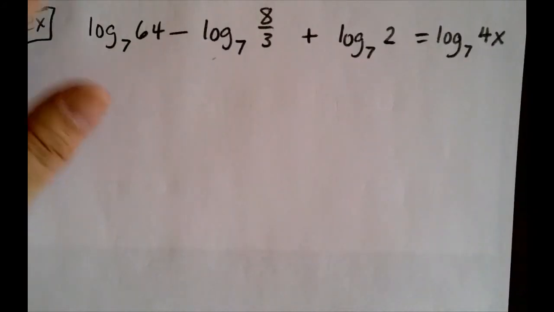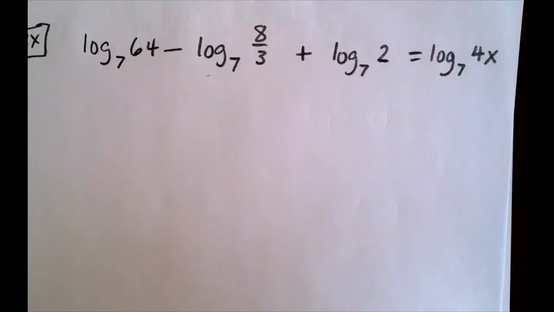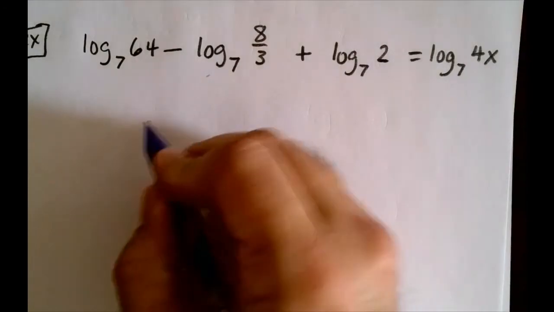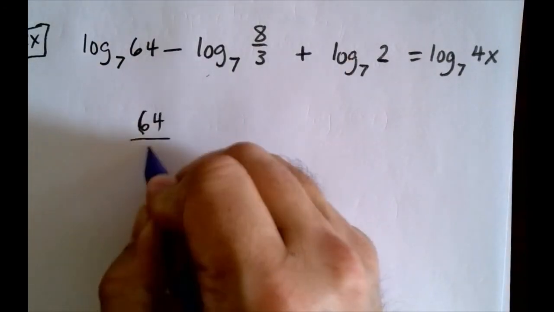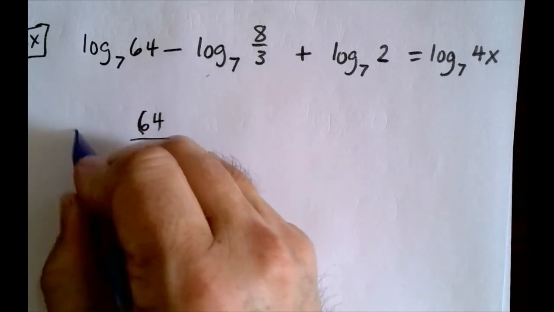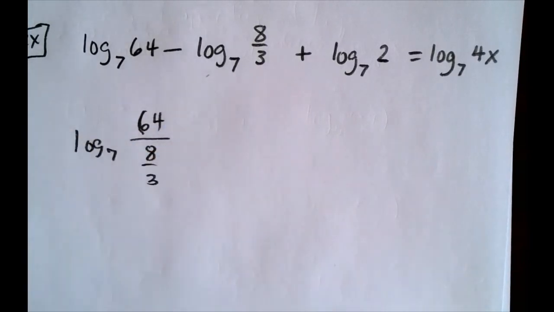Problem number 3. This one's kind of a long one. I got it out of the book. Notice there's a subtraction and addition, but it's going to be a log equals a log. So we want to take the left side of the equation and make it a single log. The division here is actually going to be 64 divided by 8 over 3 as a single log, base 7.